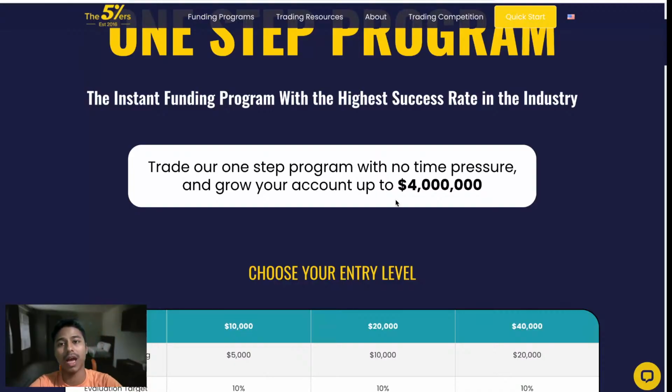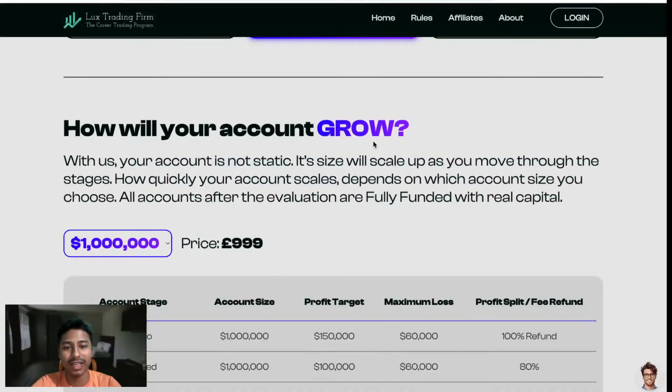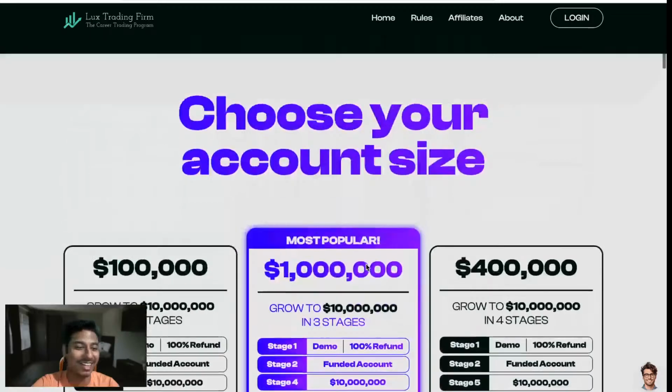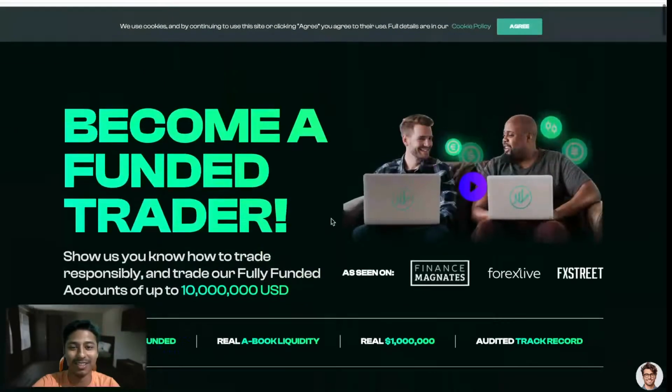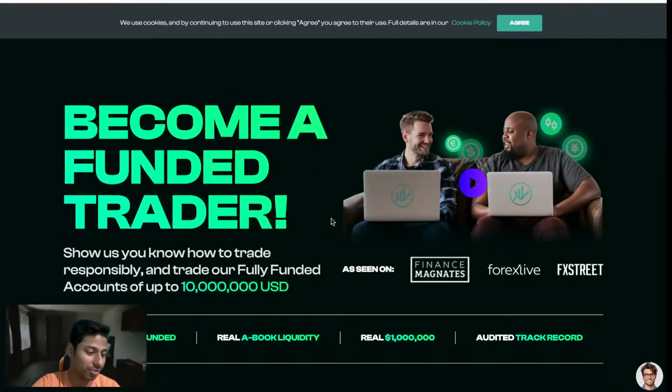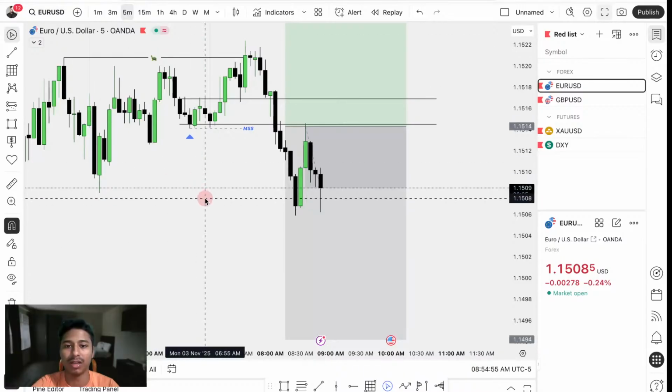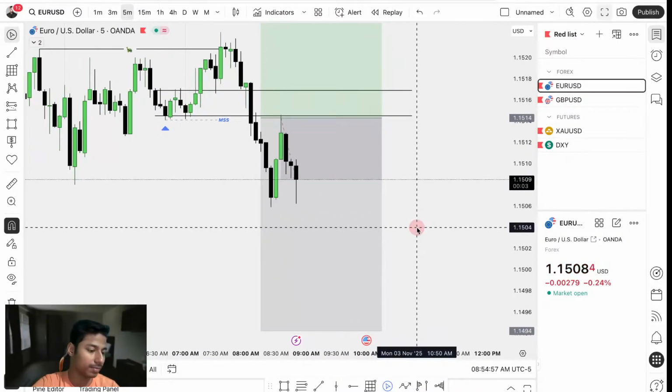If you want a really large fund, you can mix those things, like 4 million from here, 10 million from here, so it's 14 million. I think that would be more than enough to day trade with. There are many others too, but these two are the best in my eyes.